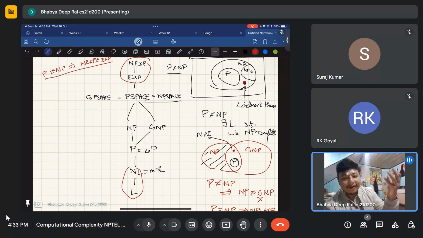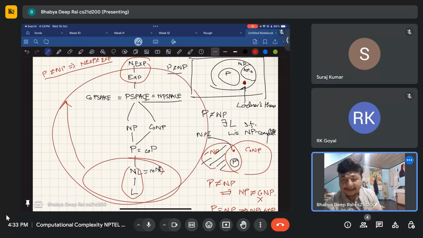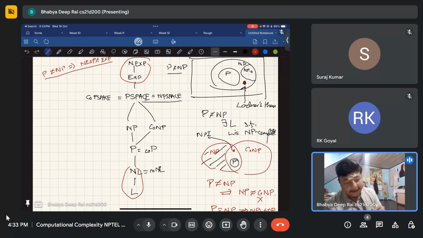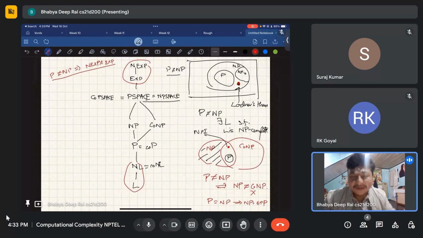As you go higher up the hierarchy, the resources you are allowed to use grow, so it gets easier to translate the more restricted case to the bigger case rather than the opposite direction. And these are your classical complexity classes.